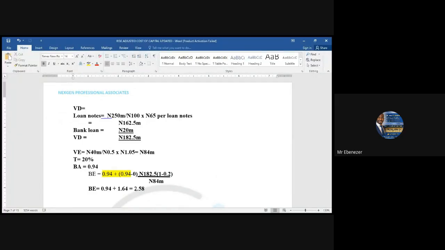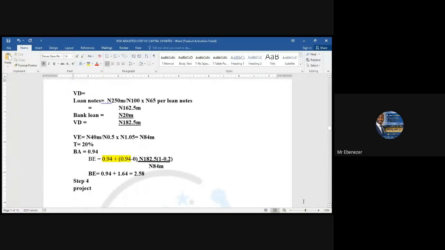So after that, step 4, projects. We'll stop here, because the question says project-specific cost of equity.